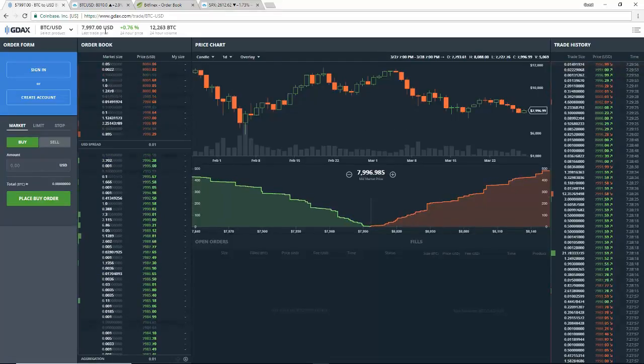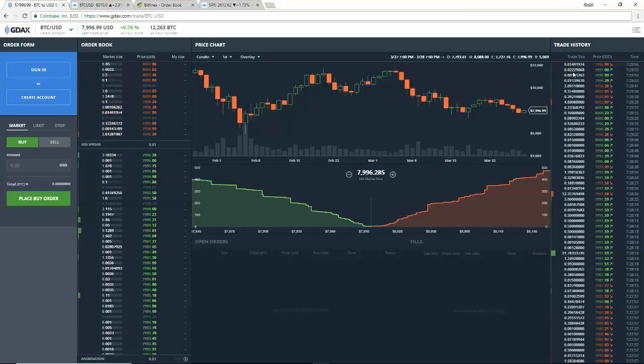The last trade price is going to be reflected by everything that's happening in the trade history over here on the right. This particular exchange is compatible with mobile devices, and it is the GDAX exchange.